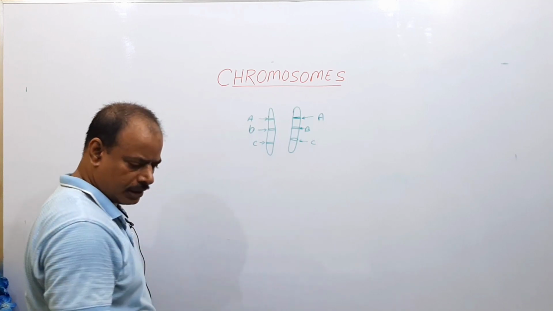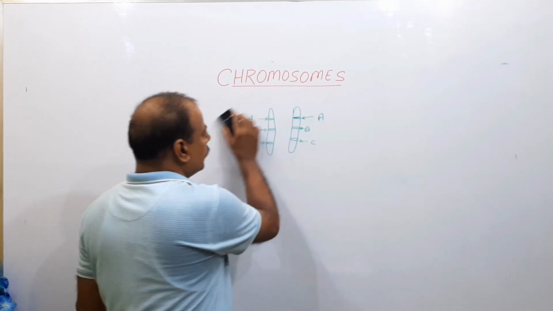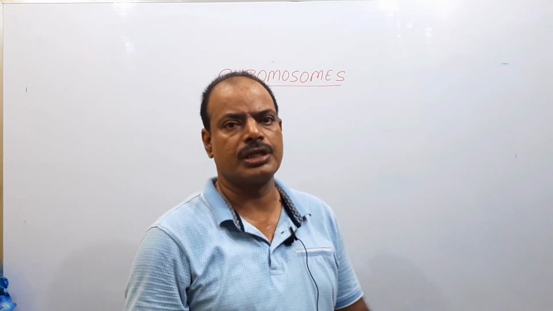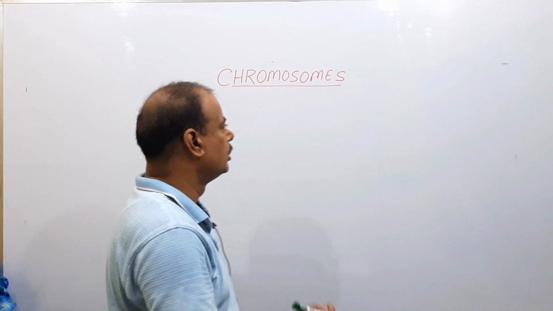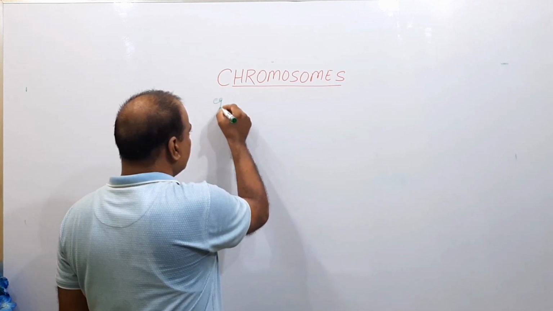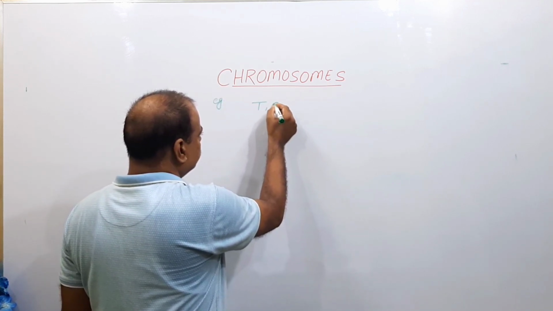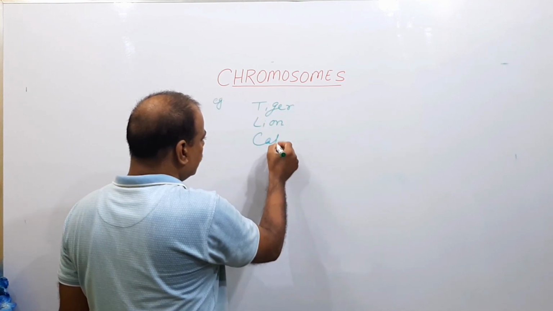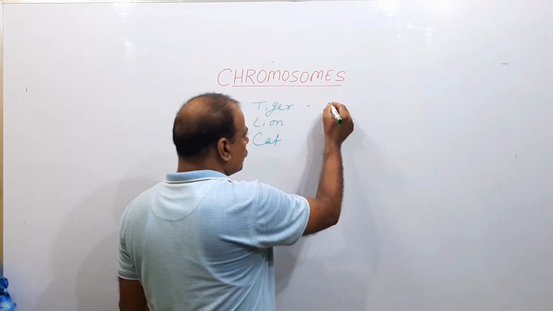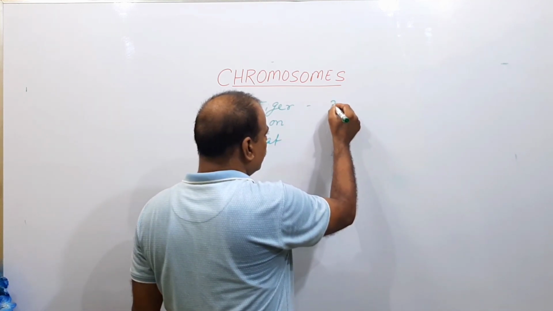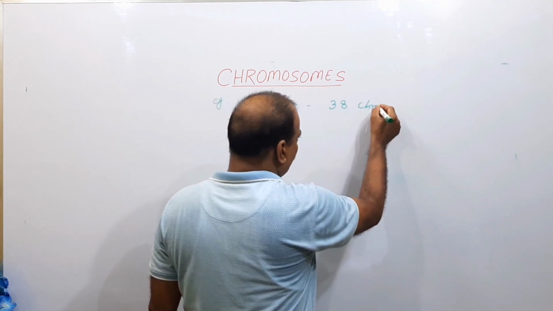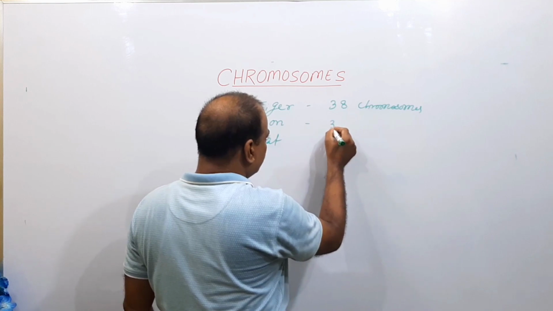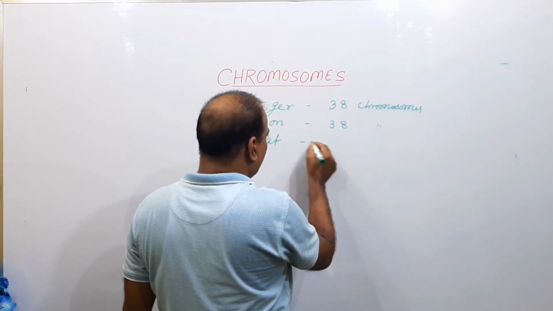Again, we have seen there are a number of organisms in which the same number of chromosomes is found. Suppose we take the example of tiger, lion, and cat.